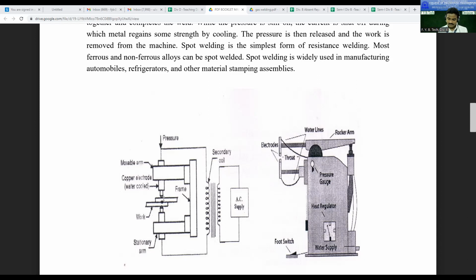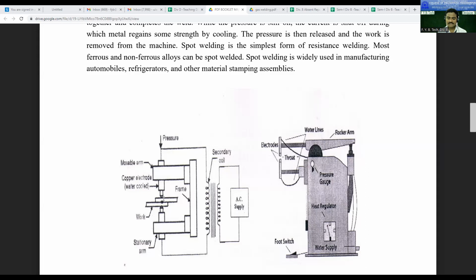So write about the spot welding. In the spot welding process, two or more sheets of metal are held between metal electrodes, full stop.